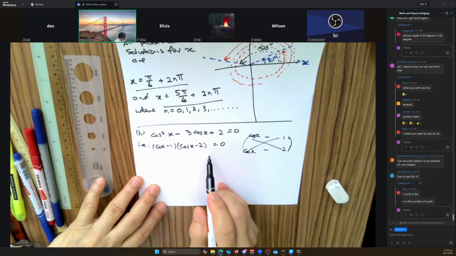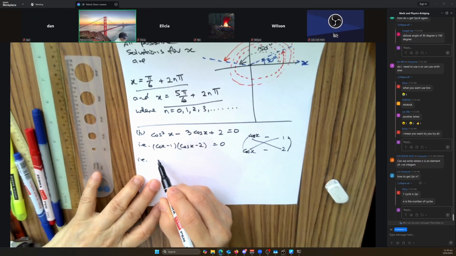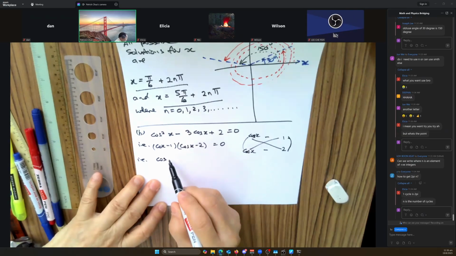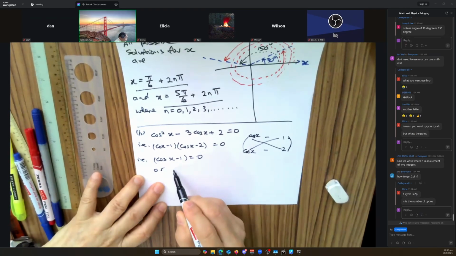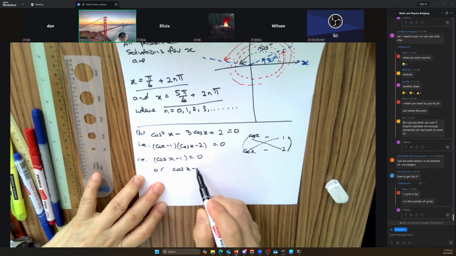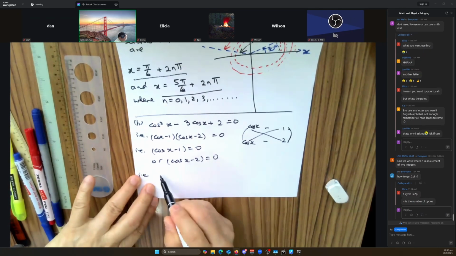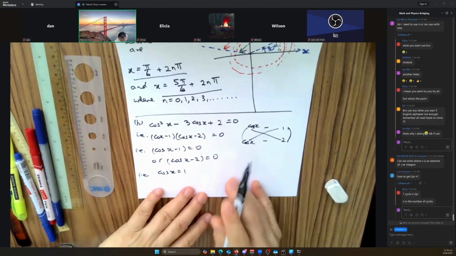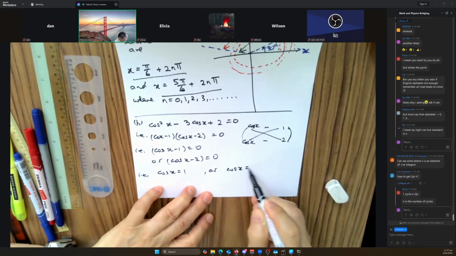So here, what does it mean? It means cos x minus 1 equals 0, or cos x minus 2 equals 0. That is, cos x equals 1, or cos x equals 2.